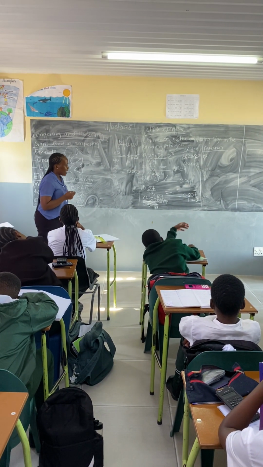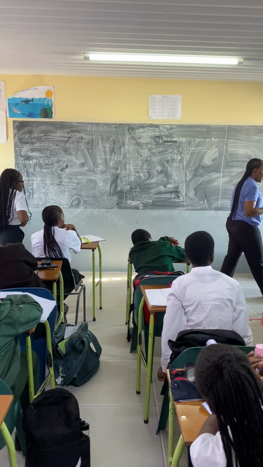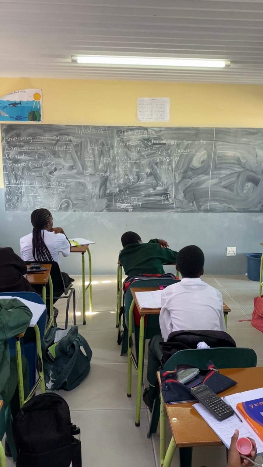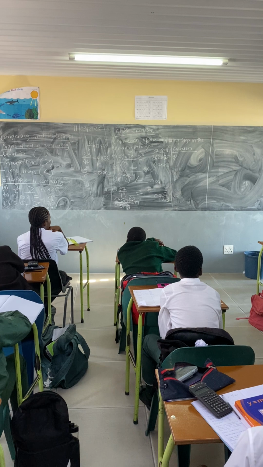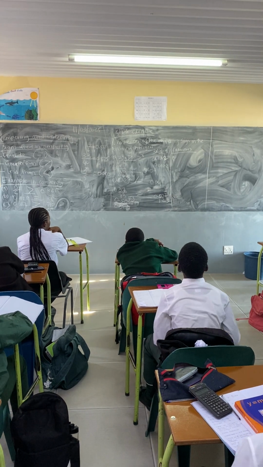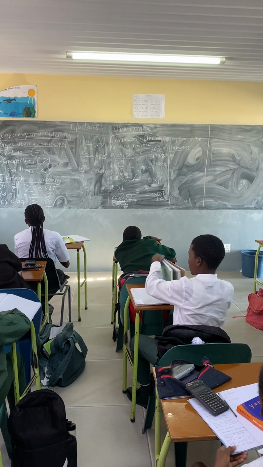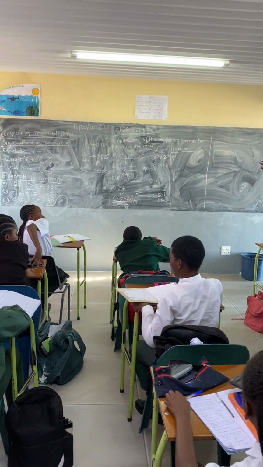How do you do it on the calculator? What do you want to do on the calculator? To prove my answer. 37 over 73. We are getting 0.506844 and all those numbers.